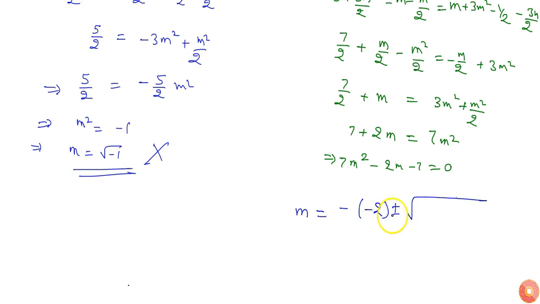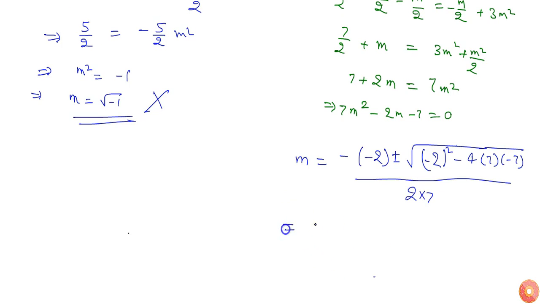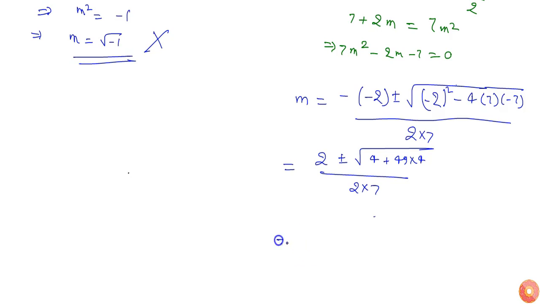So minus of minus 2 plus minus under root minus 2 whole square minus 4 into 7 into minus 7, divided by 2 into 7. If I solve this, I'll get 2 plus minus under root 4 plus 49 into 4, divided by 2 into 7, or I can say 2 plus minus 2 under root 50 divided by 2 into 7.